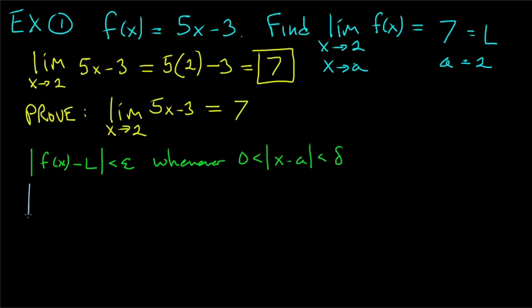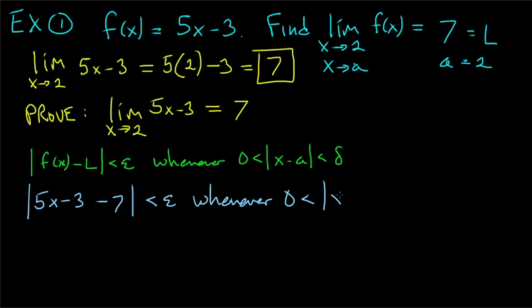We know that f of x is 5x minus 3, and L we know is 7. So that has to be less than epsilon whenever 0 is less than the absolute value of x minus a. Remember, a here is 2, is less than delta.